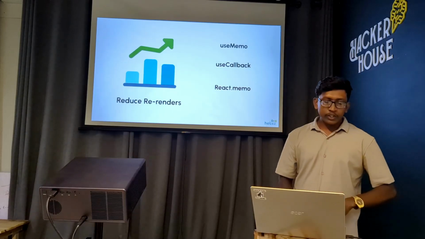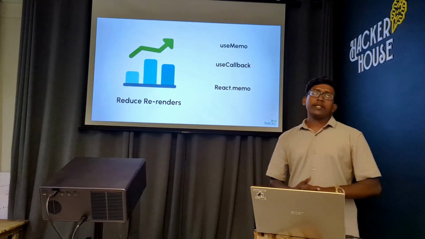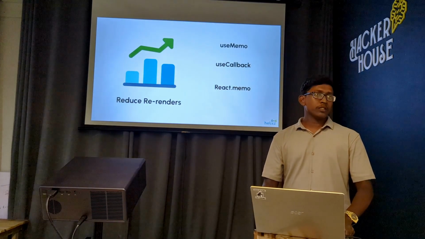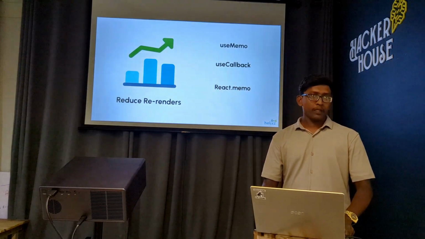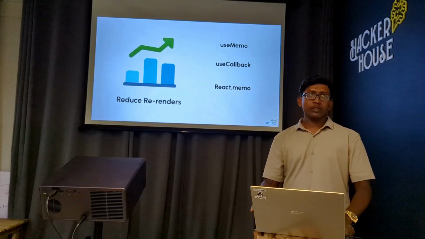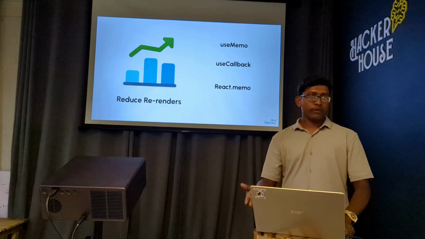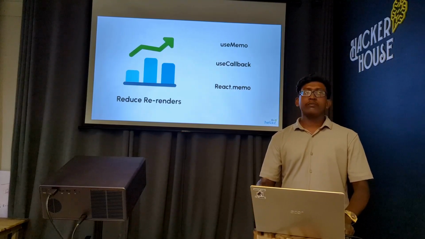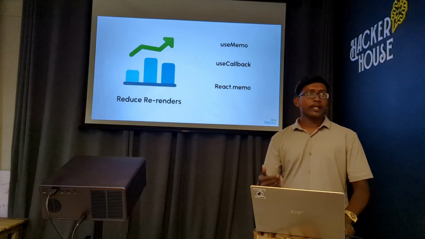Another thing, reduce re-renderings. The UI renders again when props change or when the user interacts with functions on the front end. At that time the UI will render again and again.